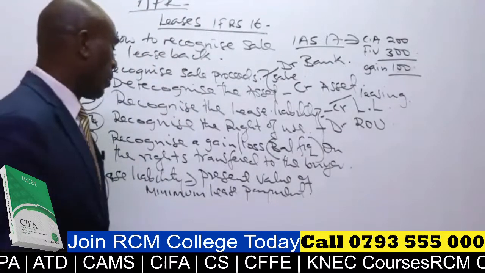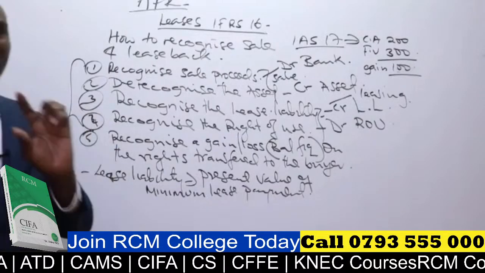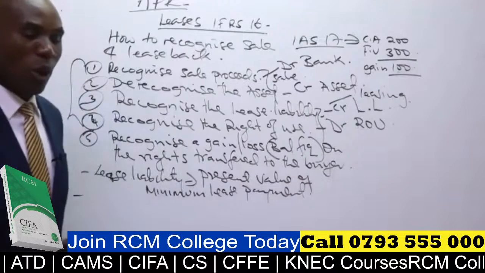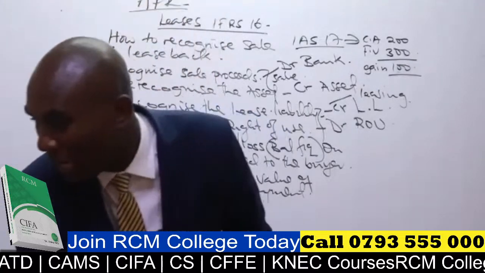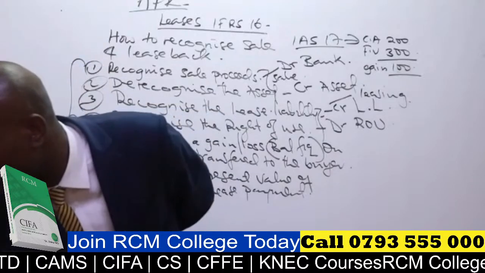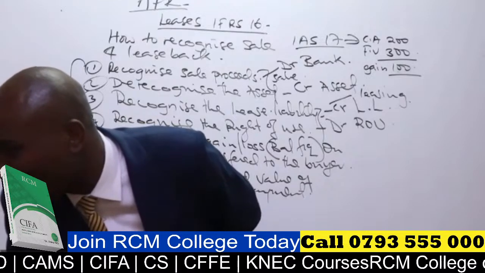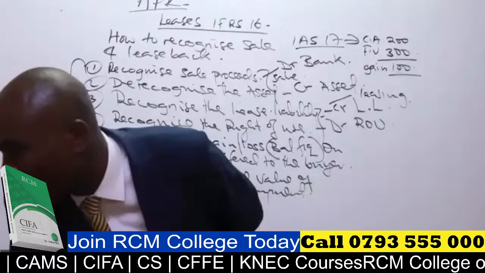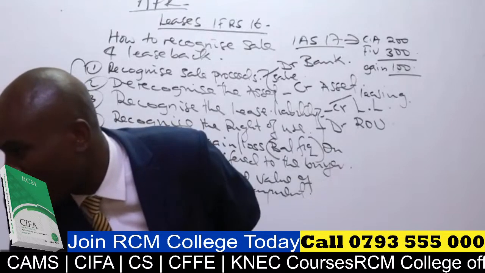Now, put another dash and say under sale and leaseback, recognize under sale and leaseback. Kevin Wanjala asks, will it be correct to say the seller retains the right of use and transfers to the buyer the right of ownership?